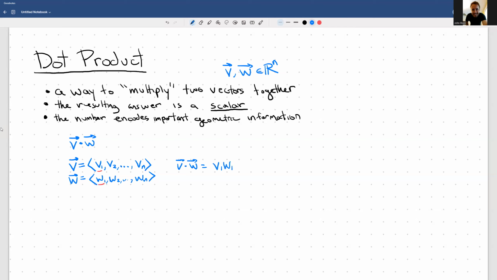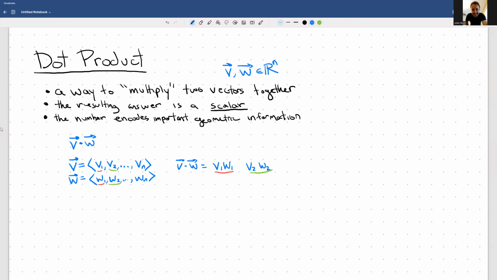Each of those are just numbers. Remember, we can multiply those together using good old-fashioned multiplication. And so that's v1 w1. Then we're going to do the next two components. So that's v2, w2, and we're going to get v2 w2. And we're going to add these on.